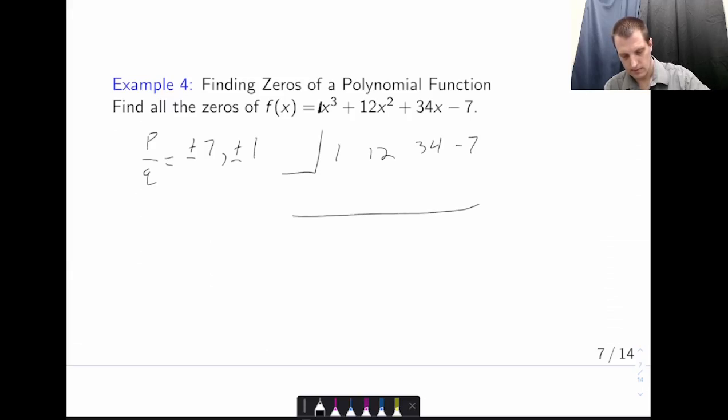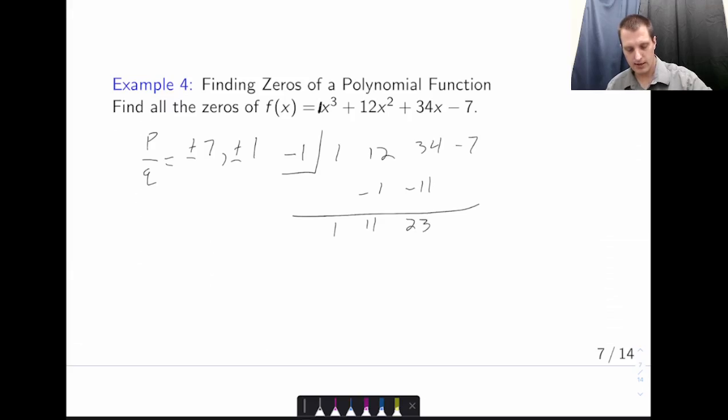There we go. So we get a 1. We're going to get a -1, which then gives us an 11, -11. And I don't think that's going to work. 34 minus 11 gives me 23. That's not going to work.